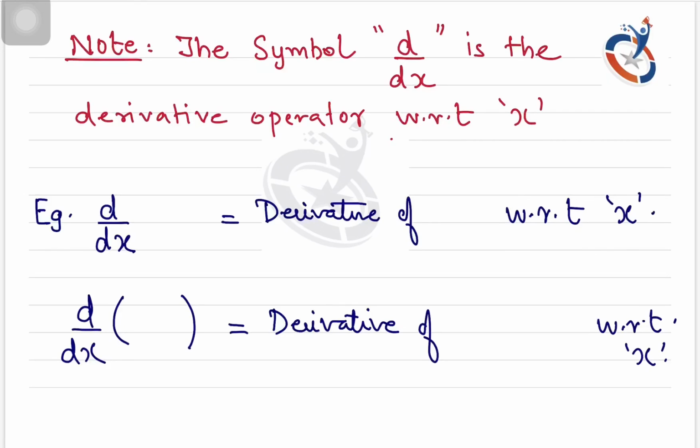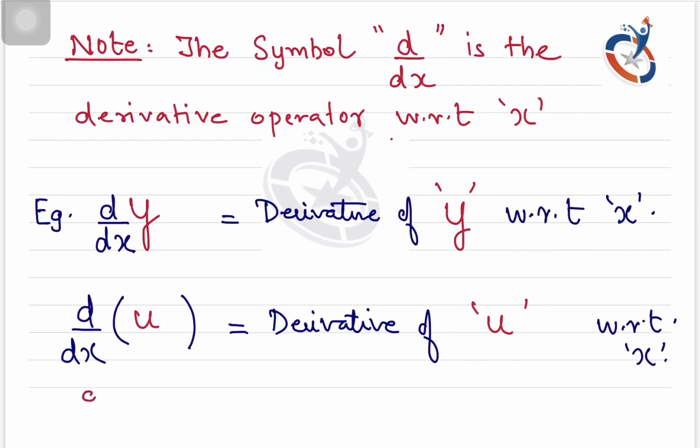So if you write here d by dx of, suppose I write y, then it becomes derivative of y with respect to x. If I write derivative of u, then this becomes du by dx. So you pronounce that as derivative of u with respect to x. Clear?